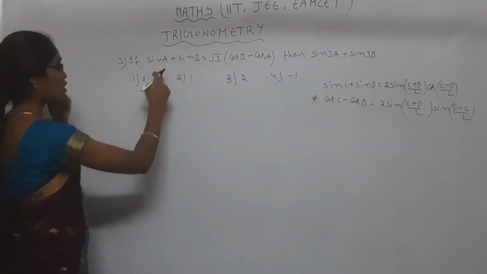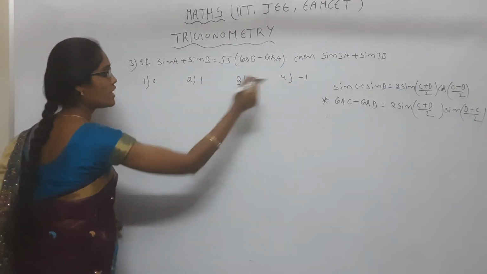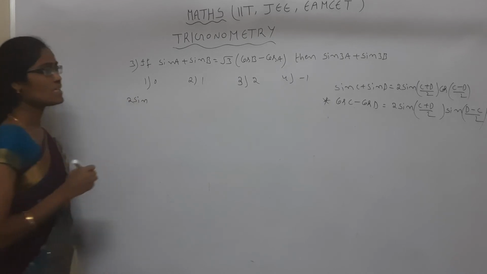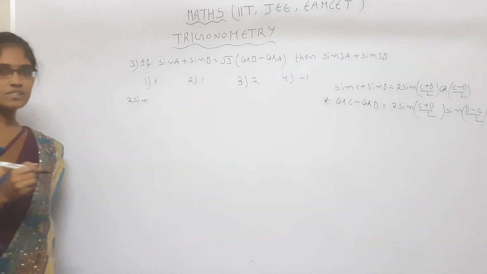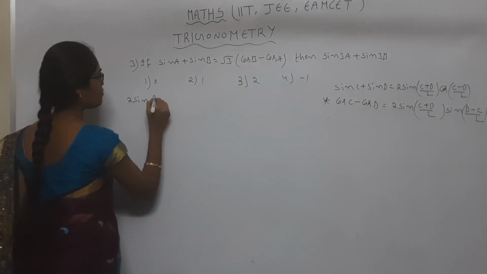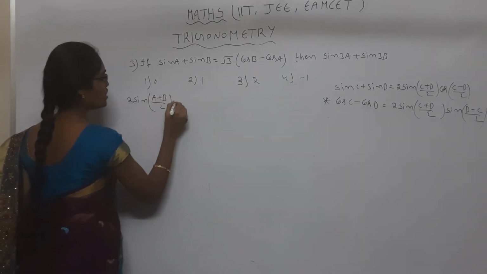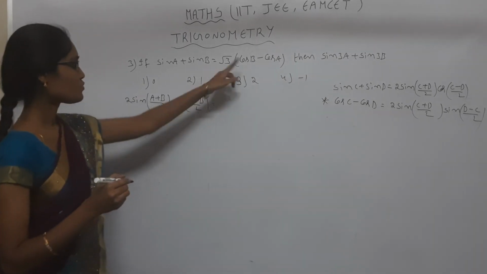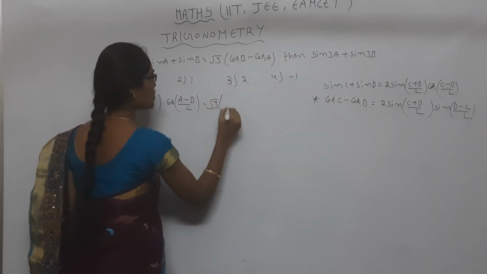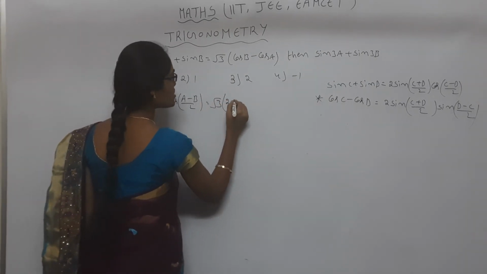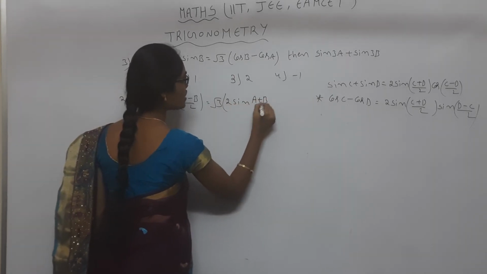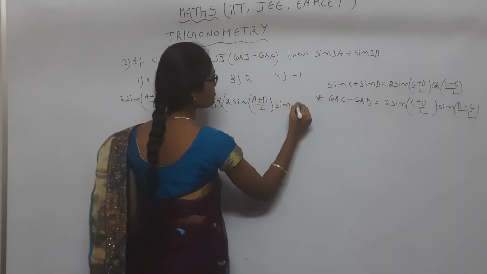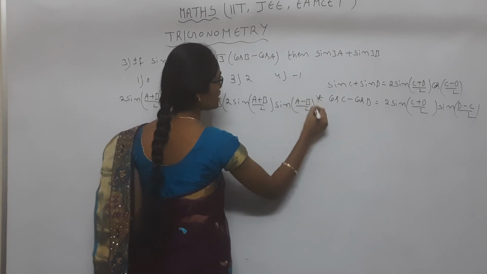Now applying the formula for sin c plus sin d: 2 sin of a plus b by 2 into cos of a minus b by 2 is equal to root 3 into 2 into sin of a plus b by 2 into sin of b minus a by 2.